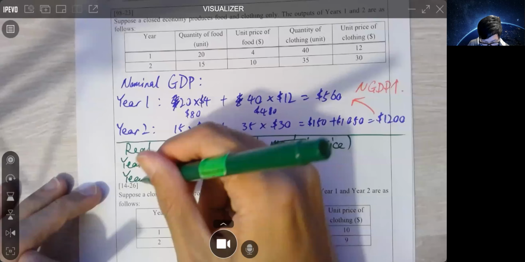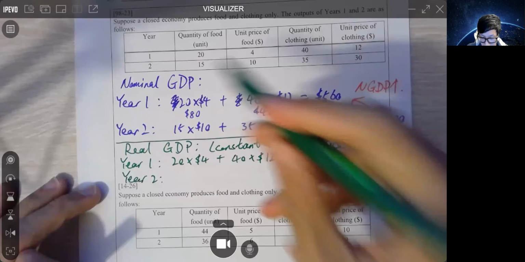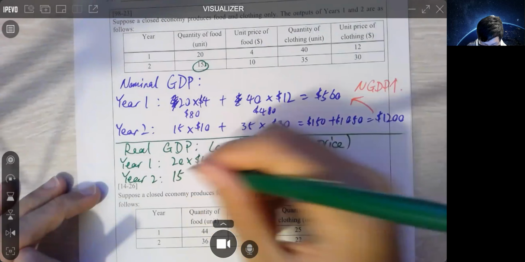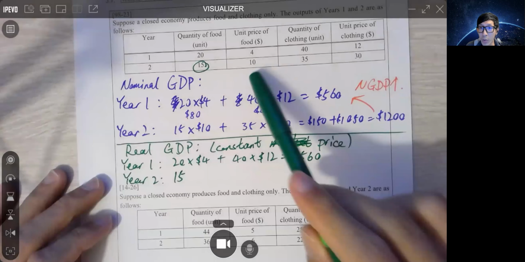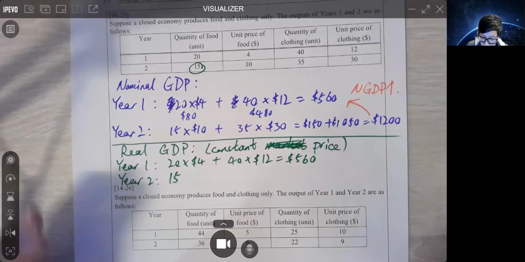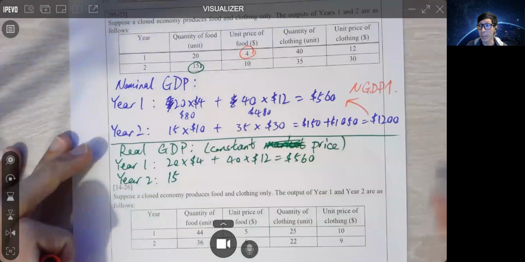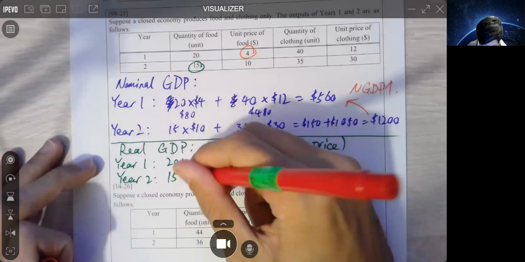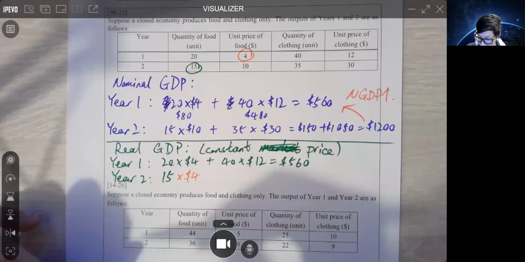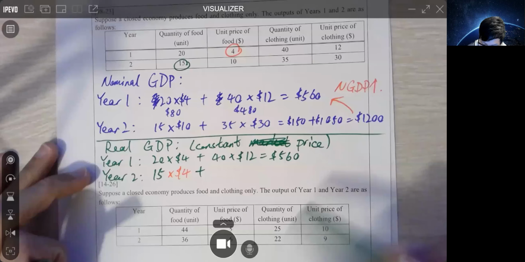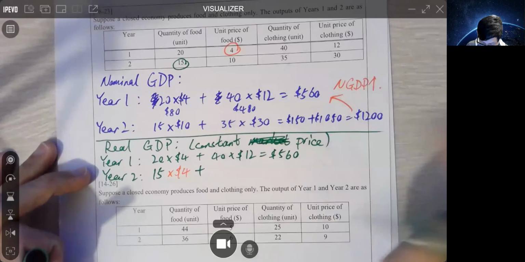Year 2 is special. We use the quantity 15, but this time we do not use the current market price. We use the constant market price instead. This time we keep the price at 4 dollars, no change. That's why it's called constant market price. Then here 35.